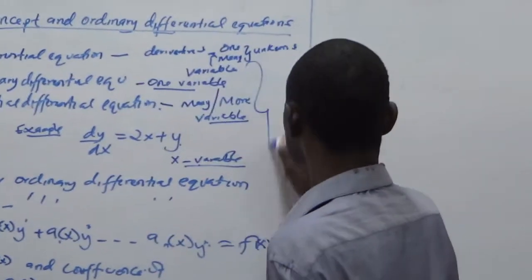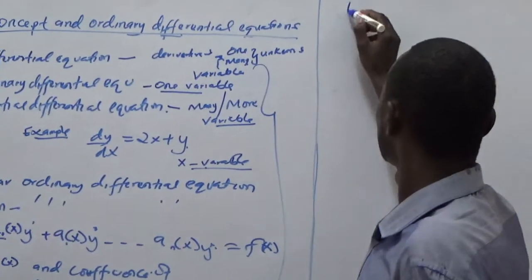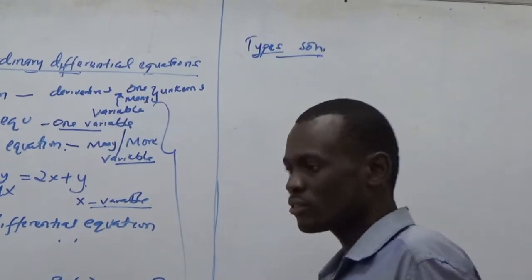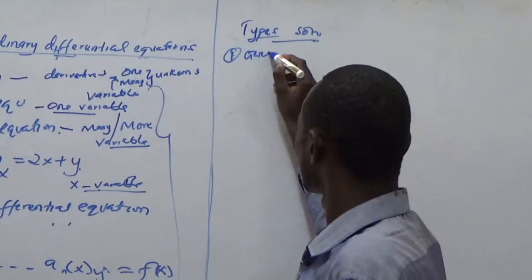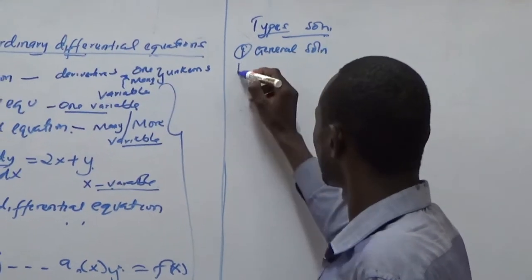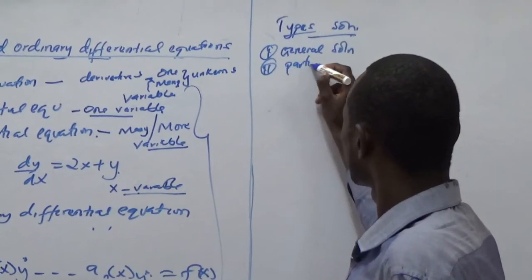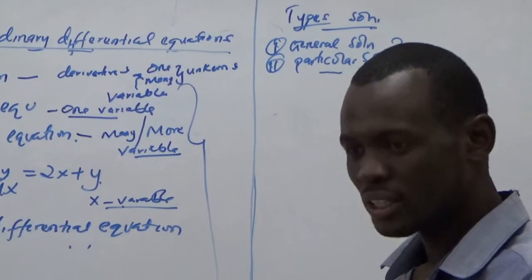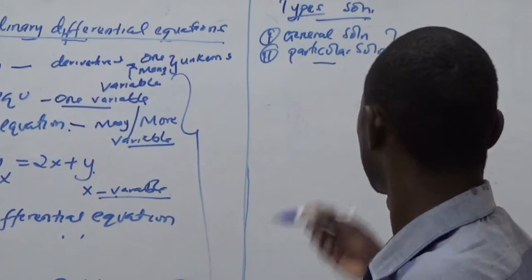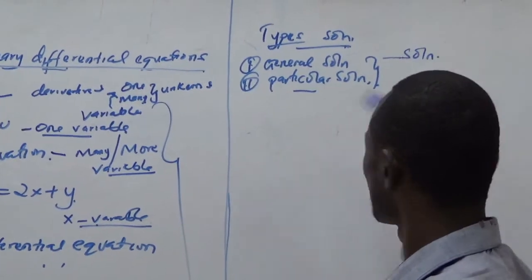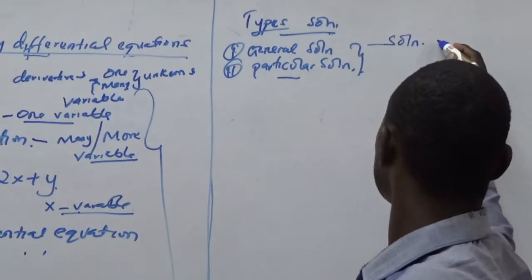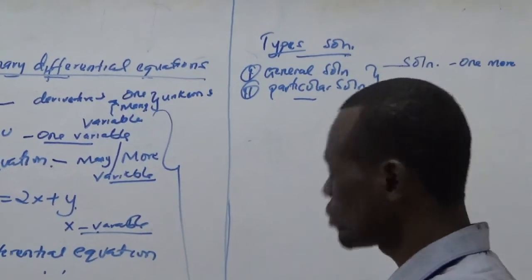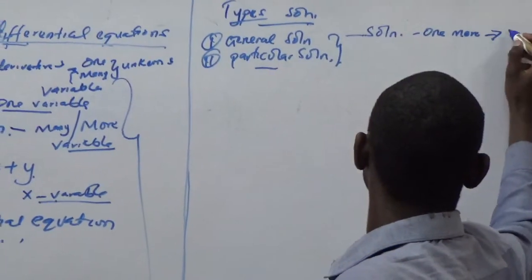When you are calculating all this, we reach two types of solutions. The first one is the general solution, and the second is the particular solution. When you are told to calculate a general solution, this is just a solution to a differential equation involving one or more variables.